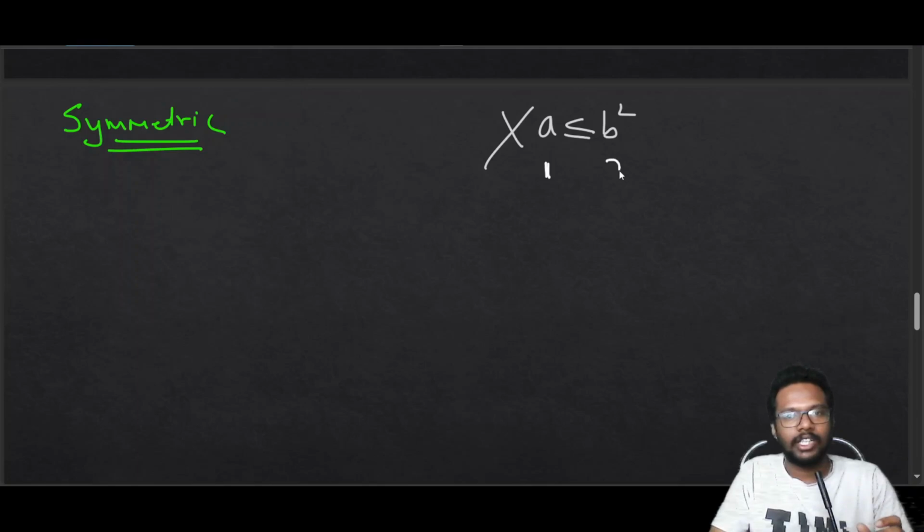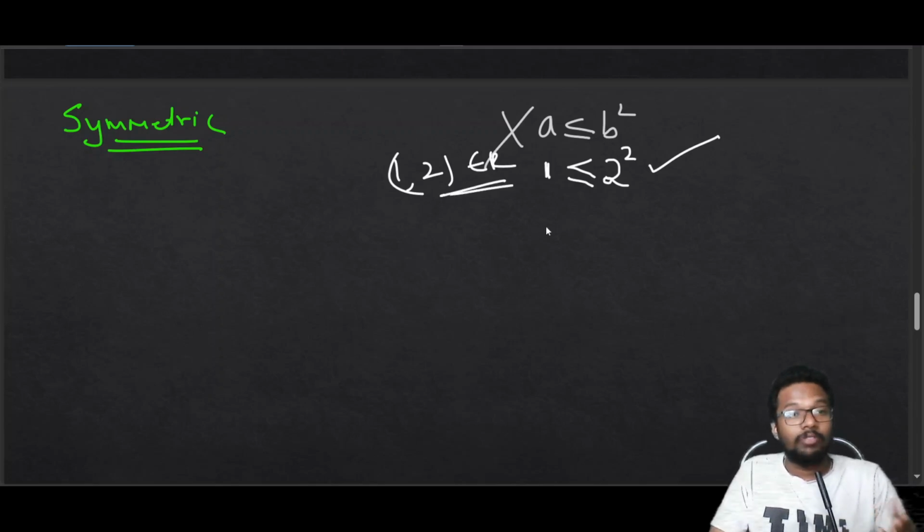I am considering 1 and 2 because it is easy to remember. So a less than or equal to b square means 1 less than or equal to 2 square. It satisfies, which means 1 comma 2 belongs to R.